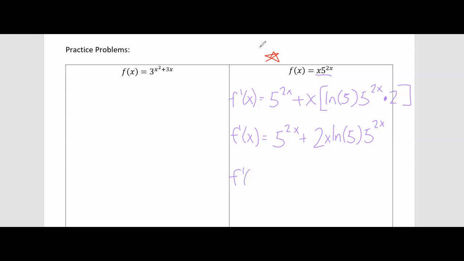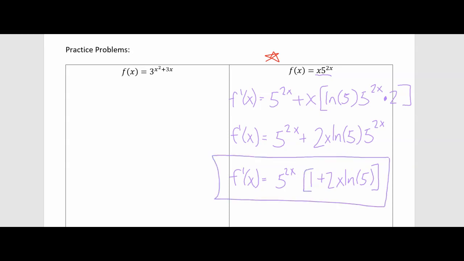You may see the multiple choice answer look like this. In fact, you probably would see it look like that. They do like to factor for their final answer. But obviously, both of these are equal to the derivative as well.